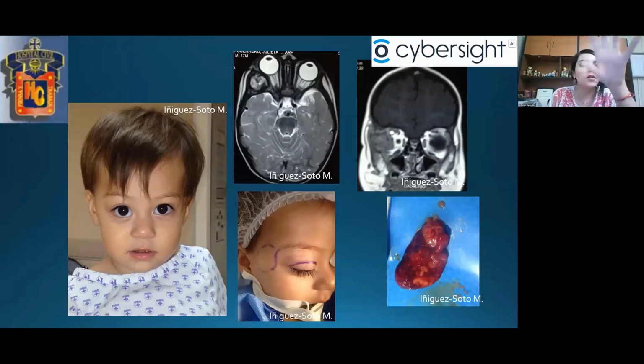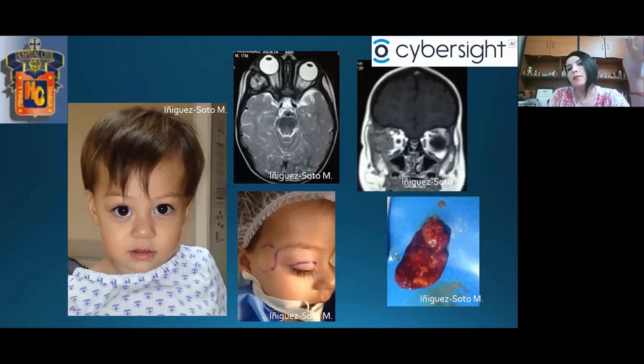Here we have another different case. It's a little girl, 2 years old, who arrives from the oncology service. She has leukemia, but also the mom begins to see the proptosis of the right eye. She arrives at the service with a magnetic resonance.